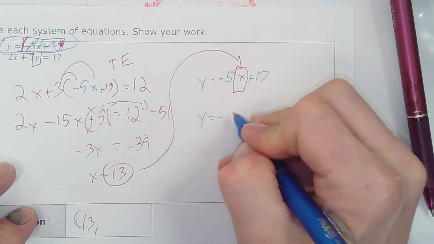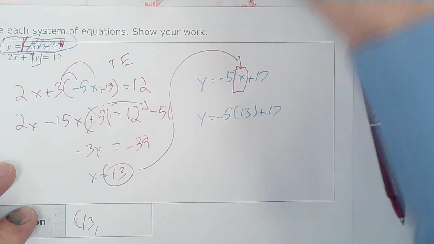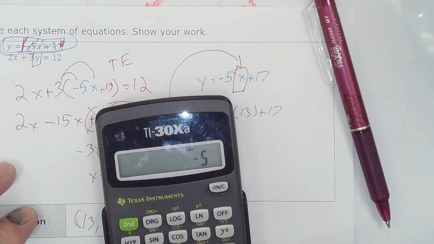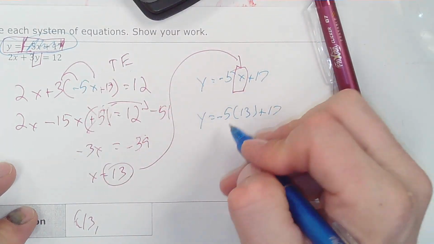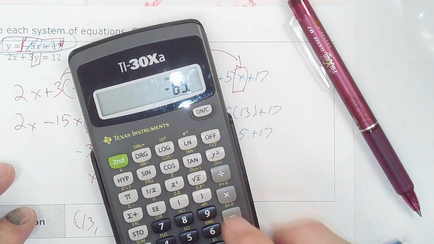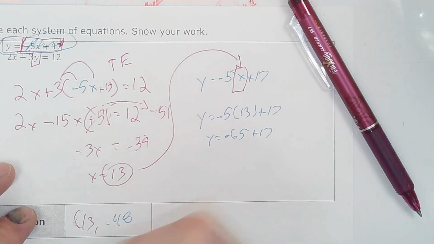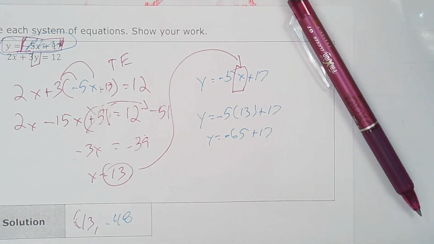Y equals negative 5 times 13 plus 17. 5 negative times 13. Negative 65. Y equals negative 65 plus 17. Y equals negative 48. Okay? Any questions on that one?